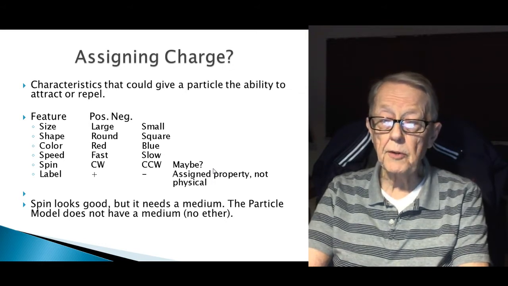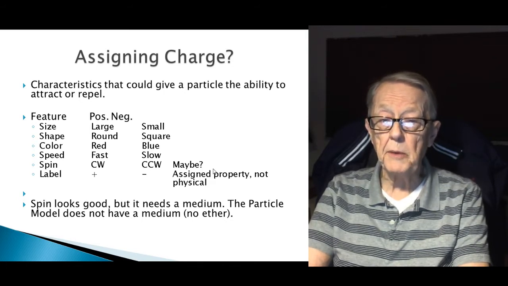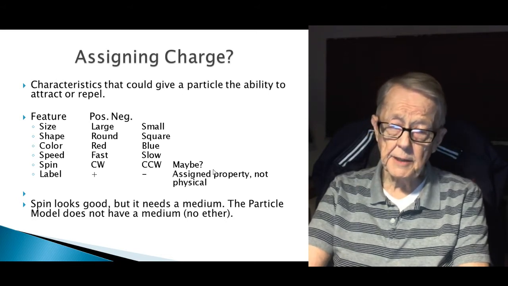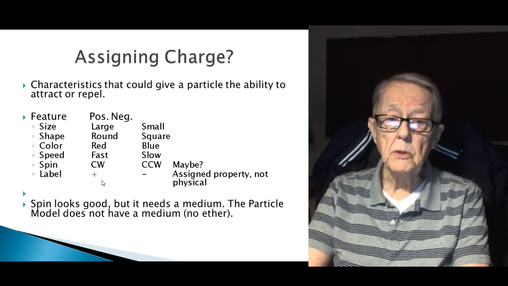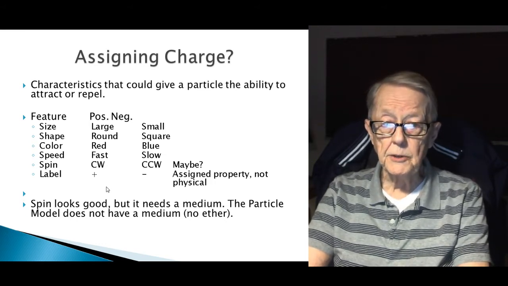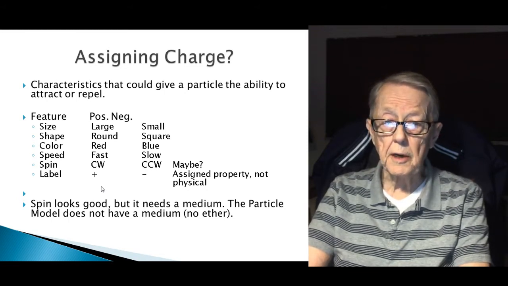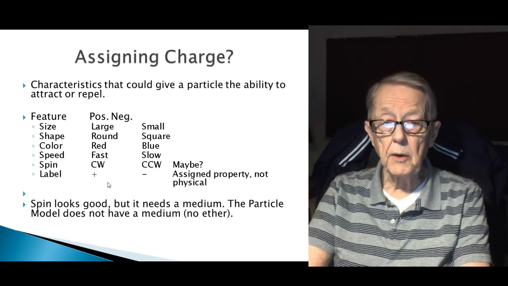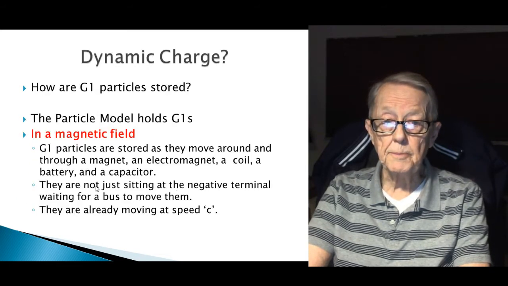There is no ether, because we don't need ether for light, which is the main reason for having an ether. If you had it, then spin might work. But the particle model does not use ether, does not use a medium for light. And so we're stuck with not being able to find a physical property for charge. That's the main reason why we don't accept charge as being something real.